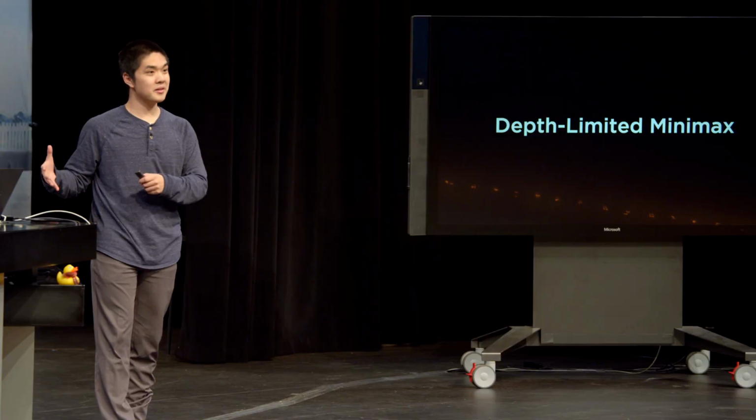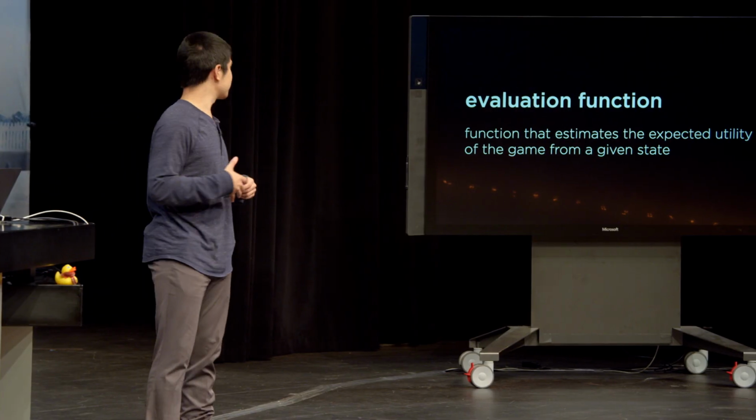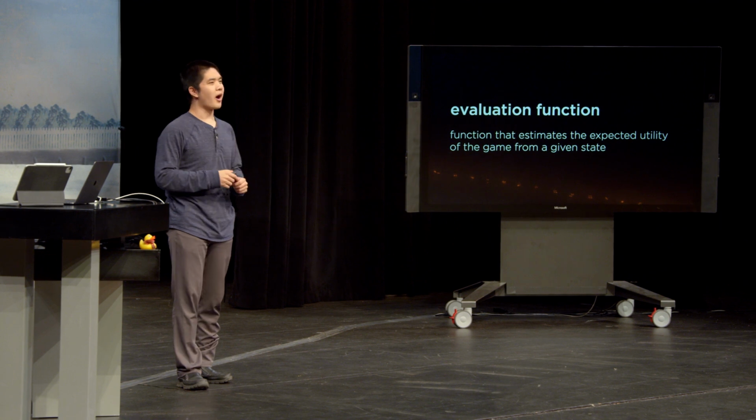And so there are many variants on the minimax algorithm, one of the most common being what's called depth-limited minimax, where we consider what's called an evaluation function. Rather than follow the game until the very end, we follow the game some number of moves. In chess, maybe you're going 15, 16 moves, but not all the way to the end of the game. And then you're just asking a question like, all right, at this point in the game, who seems likely to win?